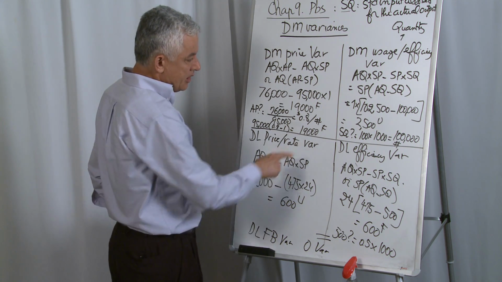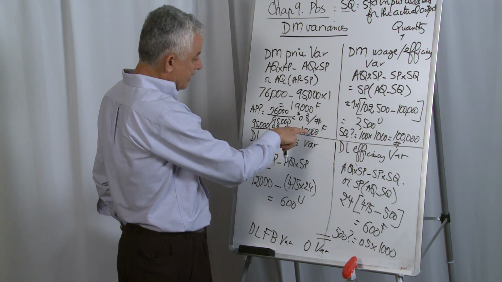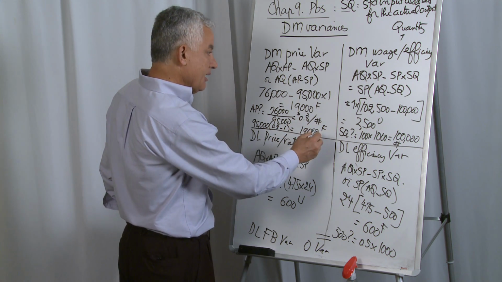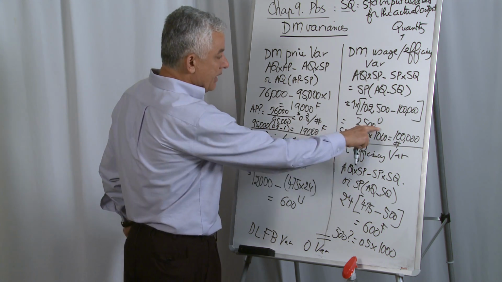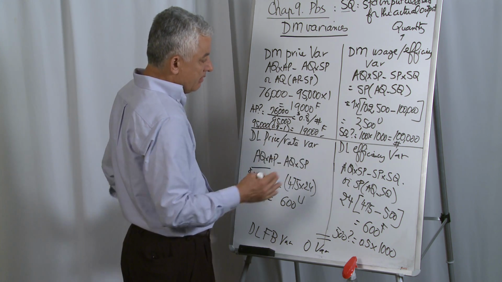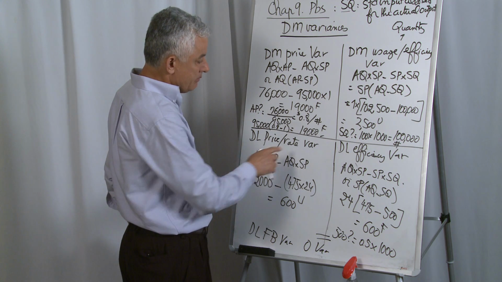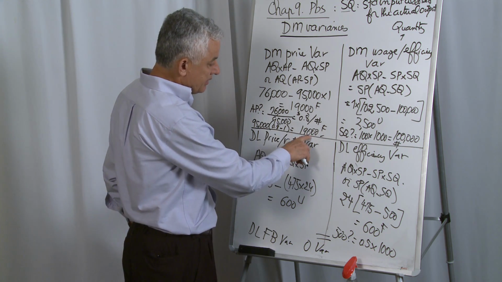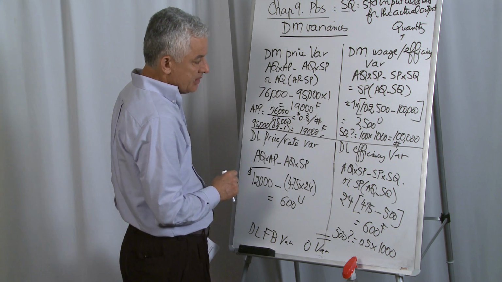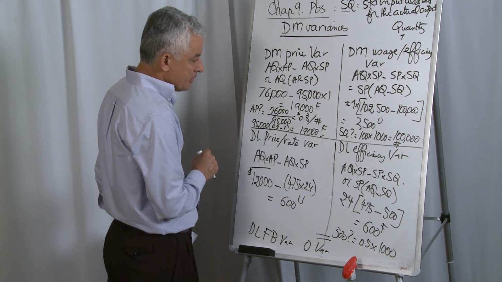How about this one? What is the direct material flexible budget variance? So we have 19,000 favorable and then 2,500 unfavorable. The direct material flexible budget variance is going to be 19,000 minus 2,500. We net them out. We get 16,500 favorable.